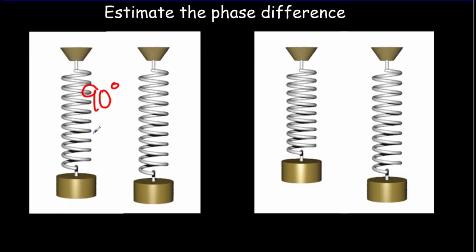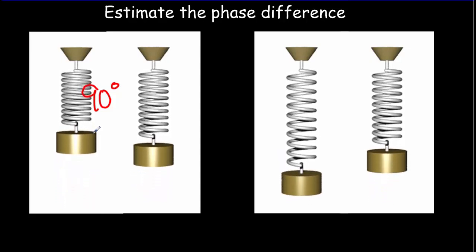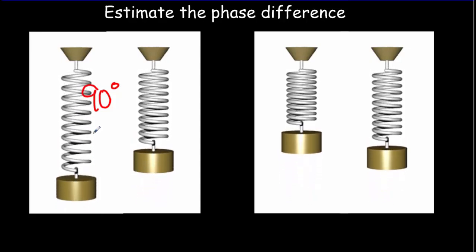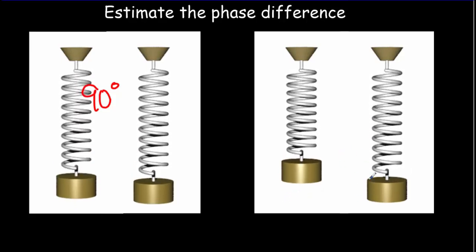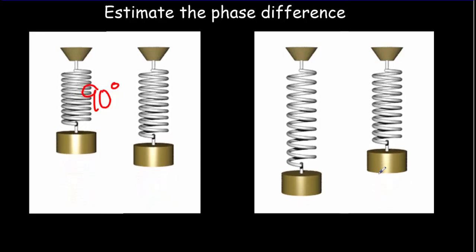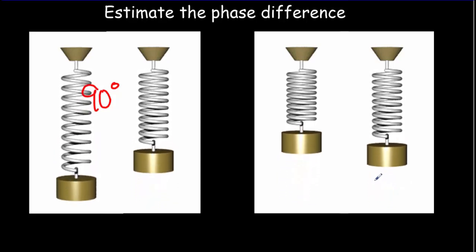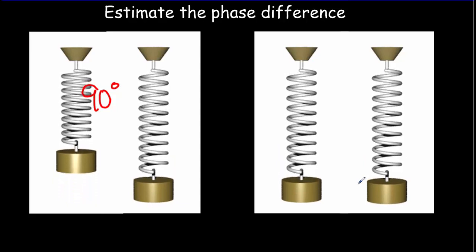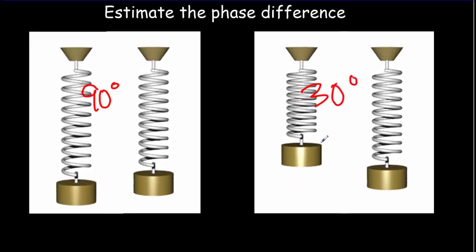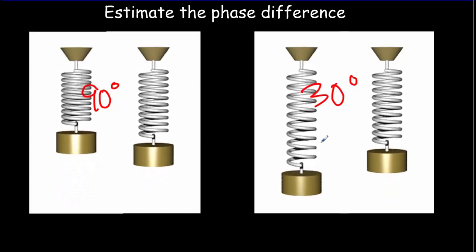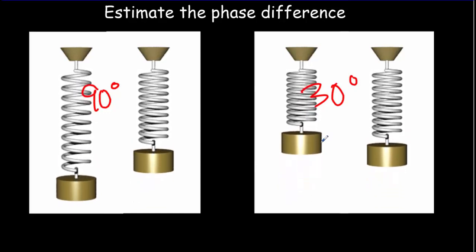So if you have one at the endpoint and the other in the middle, that's always going to be about a 90 degree phase difference. These two are pretty close to being in phase. They're just a little bit out. Certainly less than 90 degrees. I'd even say it's less than 40 degrees. I'd say somewhere around 30 degrees of phase difference as a not bad estimate.